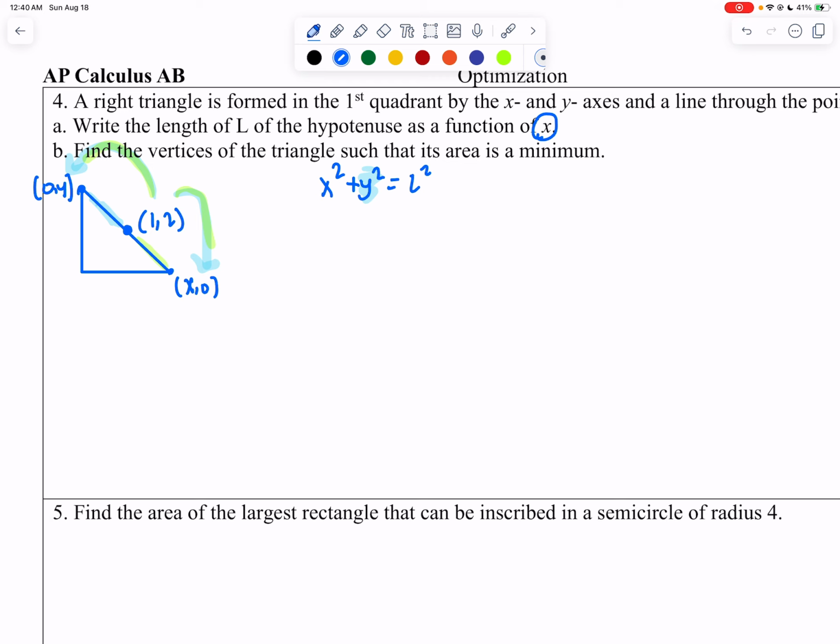Using (0, y) and (1, 2), I'm going to have (y minus 2) over (0 minus 1). Using (1, 2) and (x, 0), I'm going to have (2 minus 0) over (1 minus x). Solving for y, I'm going to go ahead and do y minus 2 is equal to negative 2 over (1 minus x), and then I'm just going to add 2.